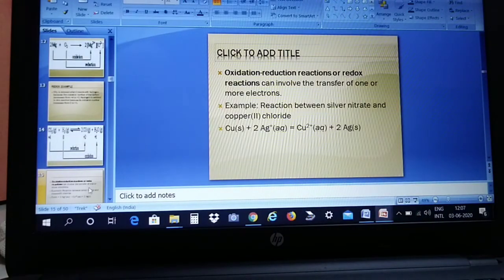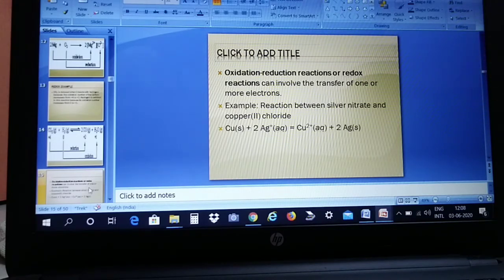oxidation reduction reaction or redox reaction can involve the transfer of one or more electrons. Example, the reaction between silver nitrate and cuprous chloride. Over here you can see the ions: Cu plus 2Ag gives you Cu2+ plus 2Ag.